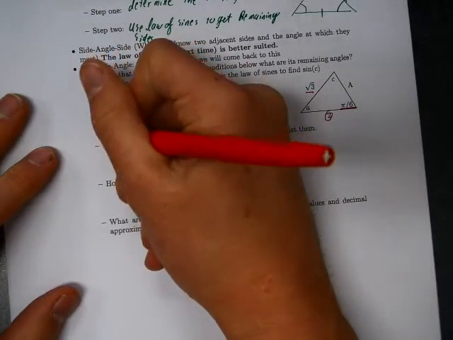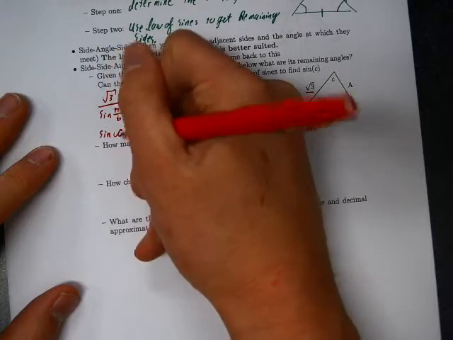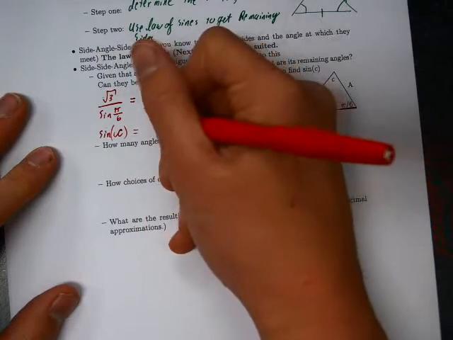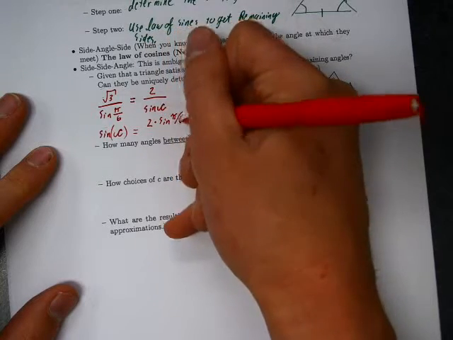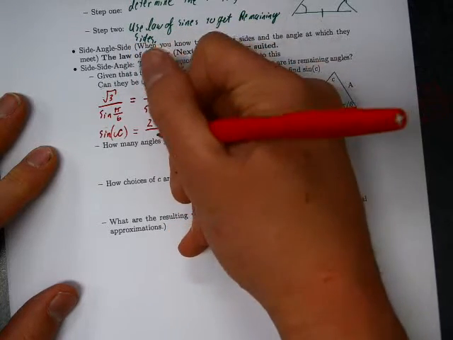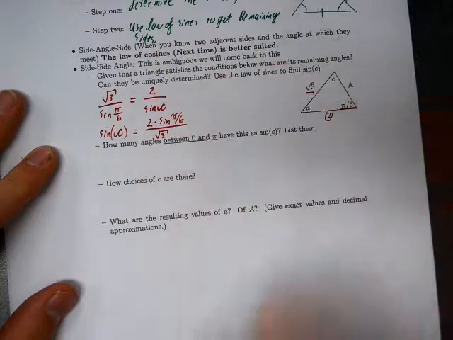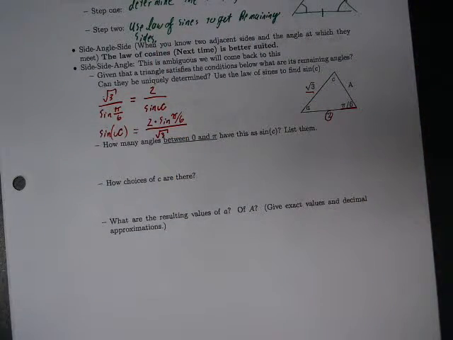And what will you wind up with? You wind up with the sine of C is equal to 2 times the sine of pi over 6 divided by square root 3. Before we move on, does that simplify?